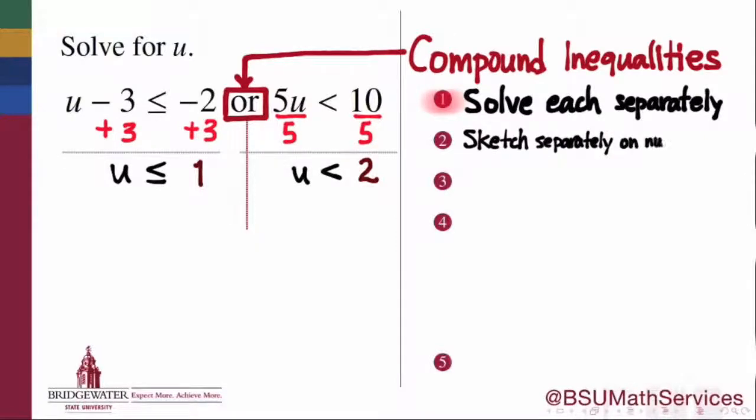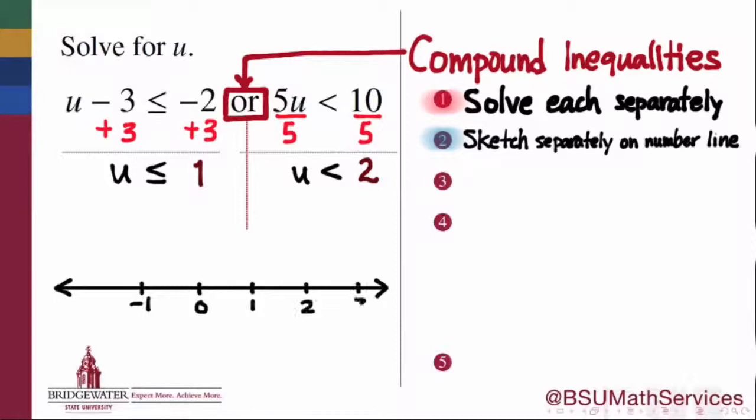Next, once we've solved each of the inequalities separately, we'll sketch the sets that they describe separately on a number line. For example, to sketch the inequality u is less than or equal to 1 on a number line, I'll shade in the area which starts at 1 and proceeds infinitely far to the left.